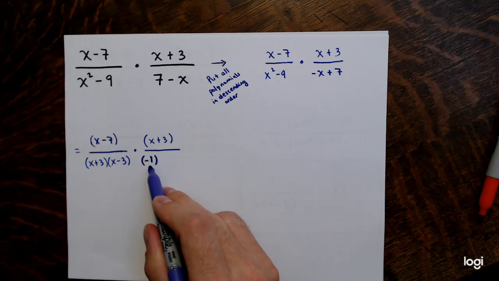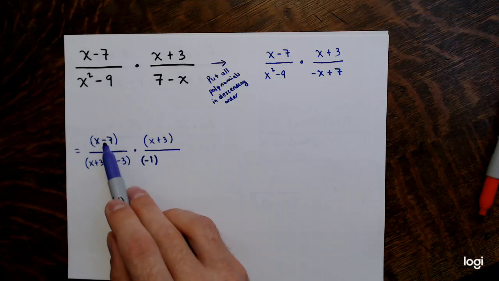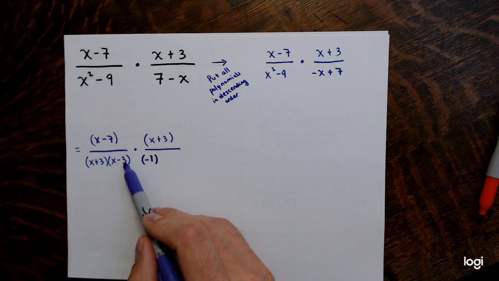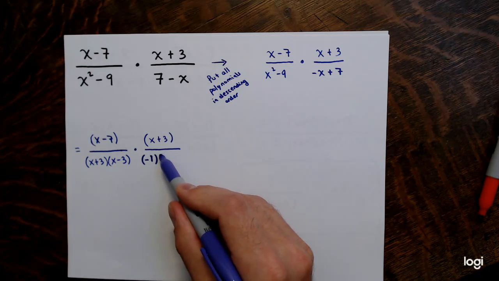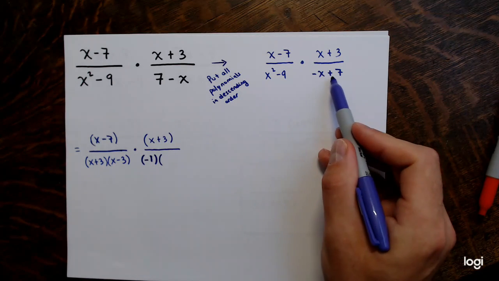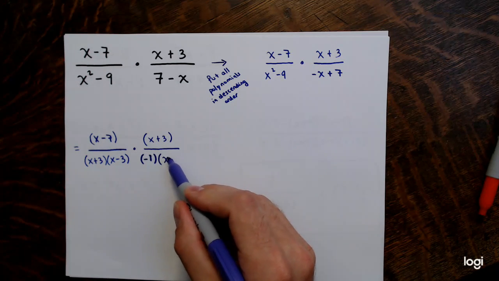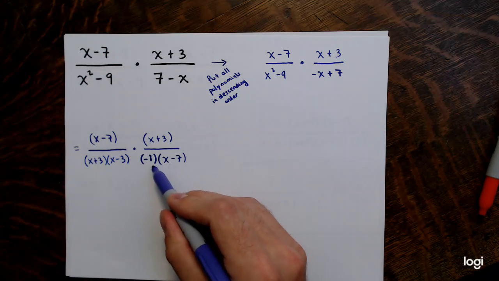Whenever you see a minus sign, technically it implies there's times negative 1. Like even here, when you see minus 7, that's negative 1 times 7, negative 7. And negative 1 times 3. So later I'll probably just put a minus sign. But I'm going to factor out negative 1 from negative x plus 7, and the factor remaining would be x minus 7. If I redistribute, that would give me minus x plus 7.